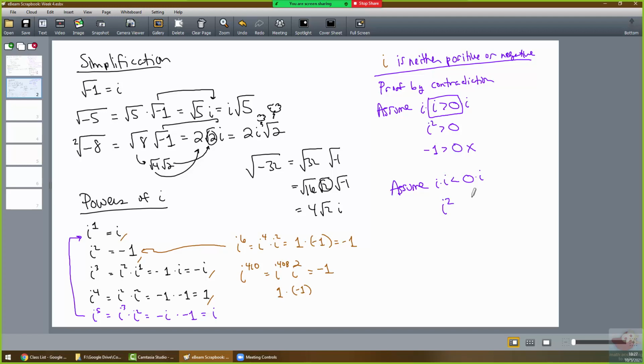We have to flip the sign. Remember, when you multiply or divide a negative number through an inequality, the inequality sign changes. And on the right, we get 0. And notice we're going to have the same issue. Sad panda. So i is a number, but it's not positive nor negative. In trigonometry, you learn how to graph complex numbers. We don't do that in this class.